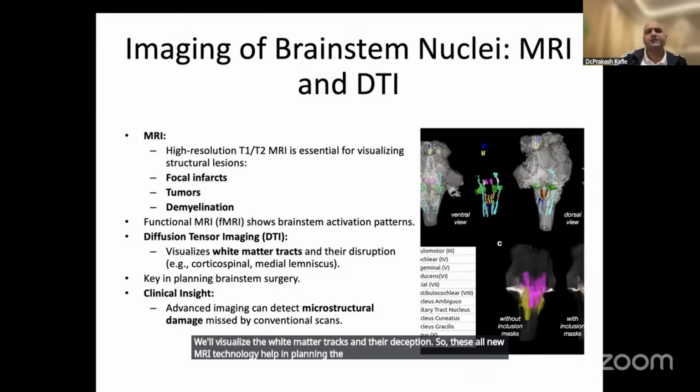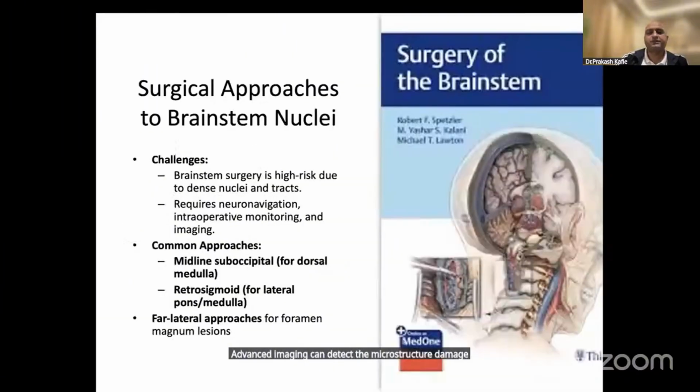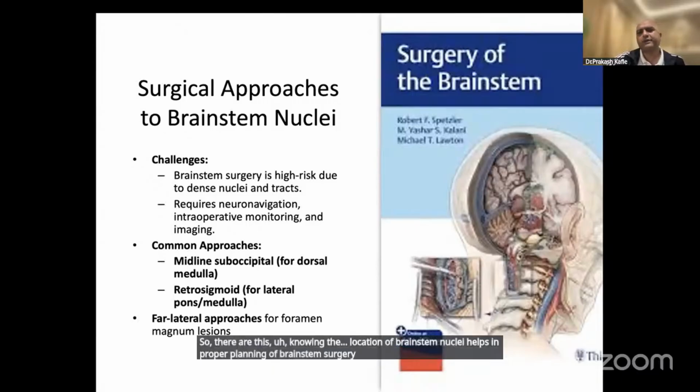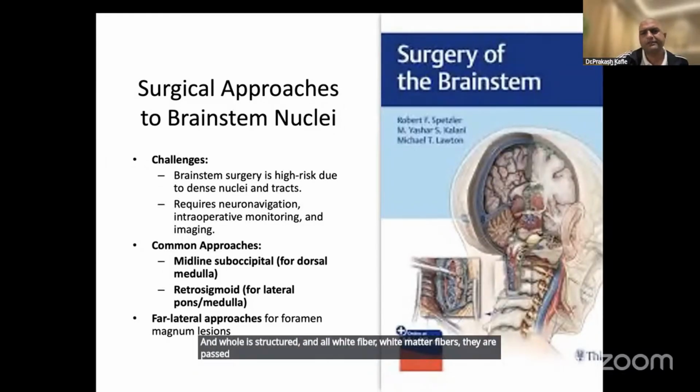It gives clinical insights: advanced imaging can detect microstructural damage, basically in brainstem surgery. Knowing the location of brainstem nuclei helps in proper planning of brainstem surgery, because brainstem surgery is very challenging, and all the white matter fibers pass through the brainstem.